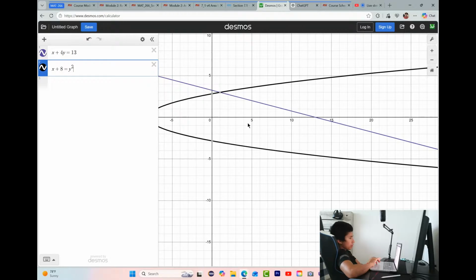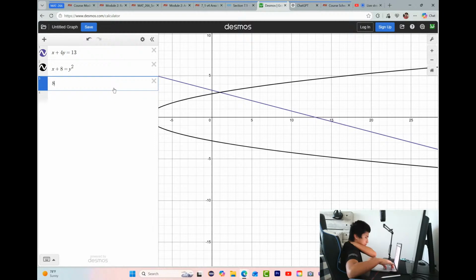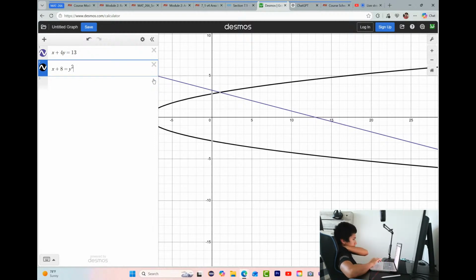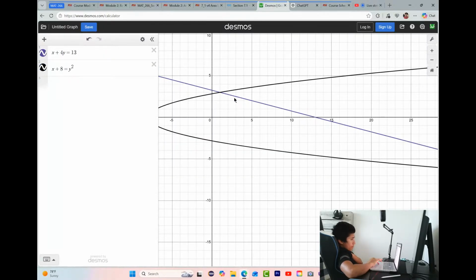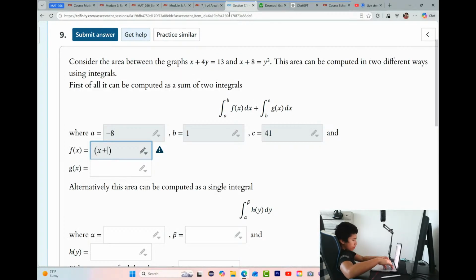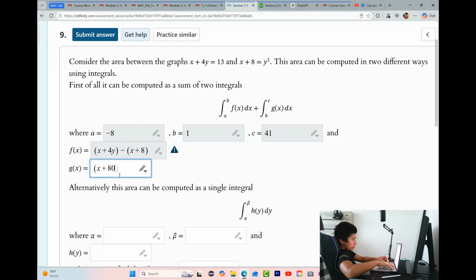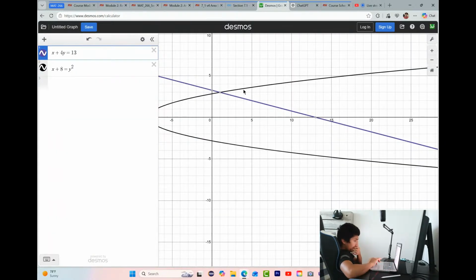So f of x is going to be this minus this. x plus 8 minus x plus 4y, just to make sure.